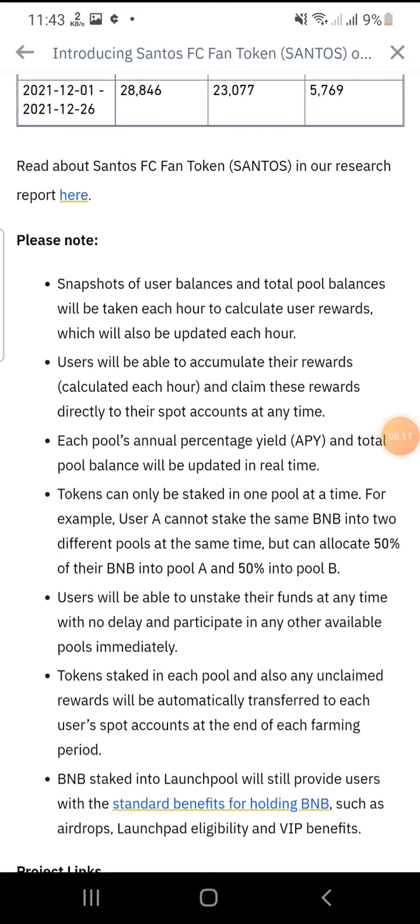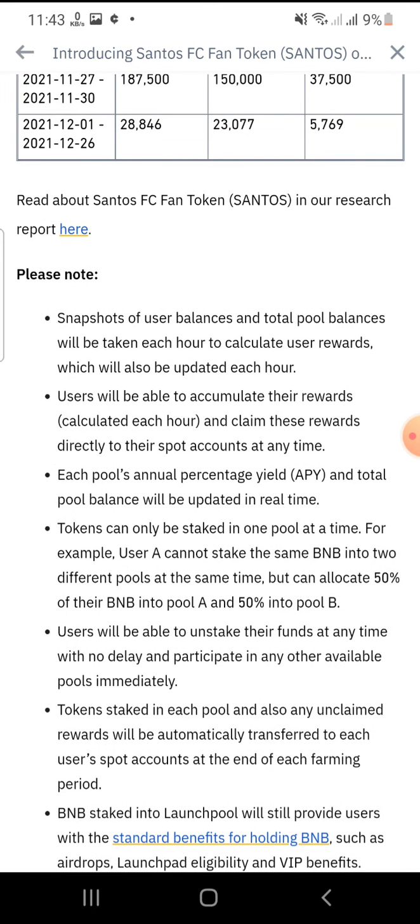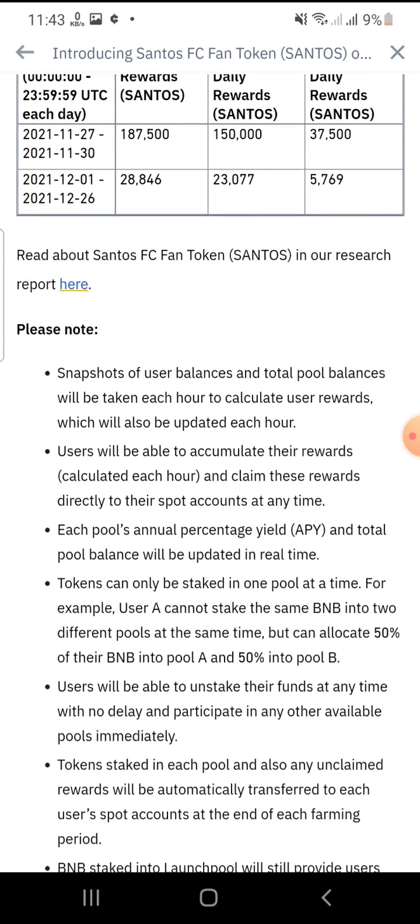Project link. Please note the snapshot of user balance and total pool balance will also be uploaded. Users will be able to monitor their rewards, calculated each hour, and claim their rewards individually to their spot account at any time.